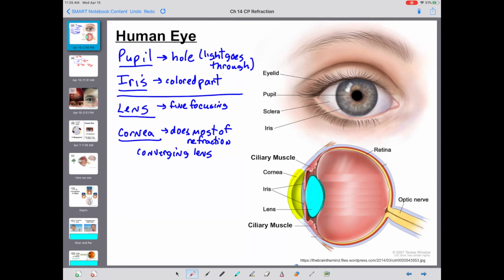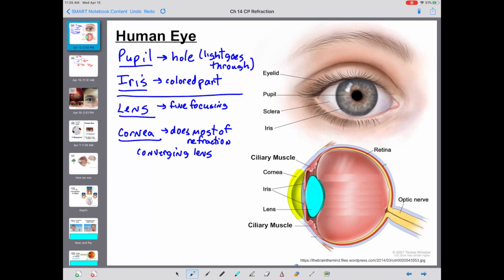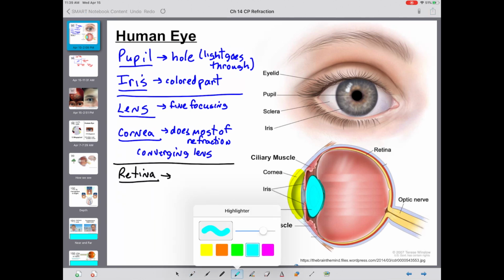The lens then just does the minor refraction, the fine focusing of the image to form on the retina. Your retina, that is the yellow along the back of the eye, and I'm going to try to highlight, we'll highlight in green here along the edge.